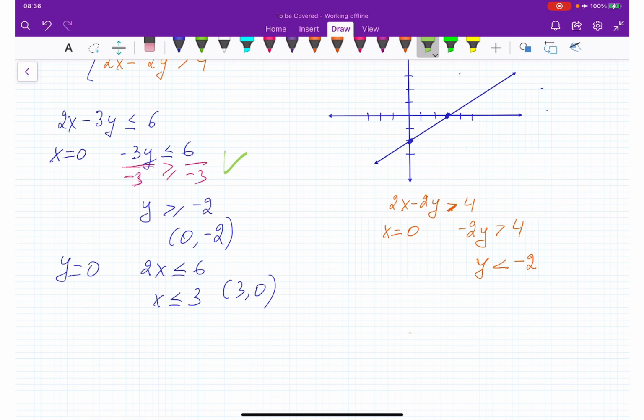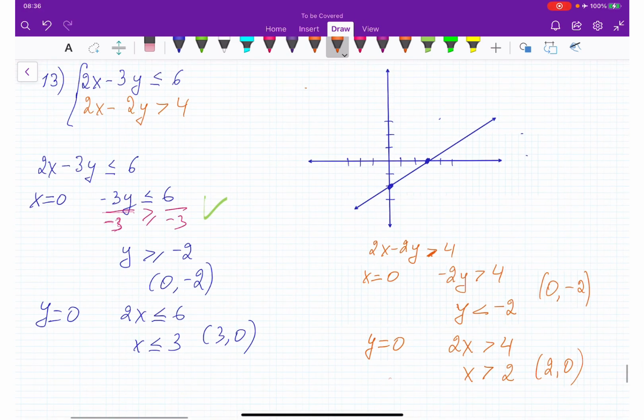Next, when y is equal 0, I get 2x greater than 4 and x greater than 2. So here we have coordinates 0, negative 2, and here we have 2 and 0. Okay, 0, negative 2 is right here, correct? And the other one is going to be 2 and 0.